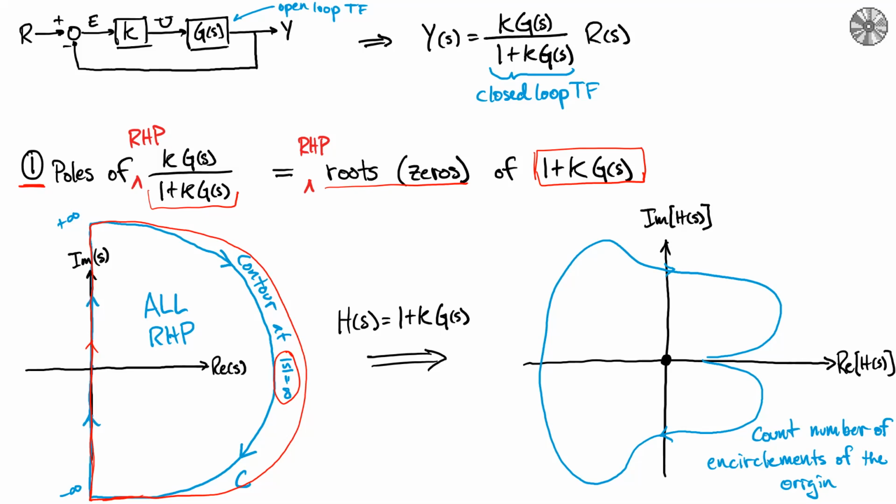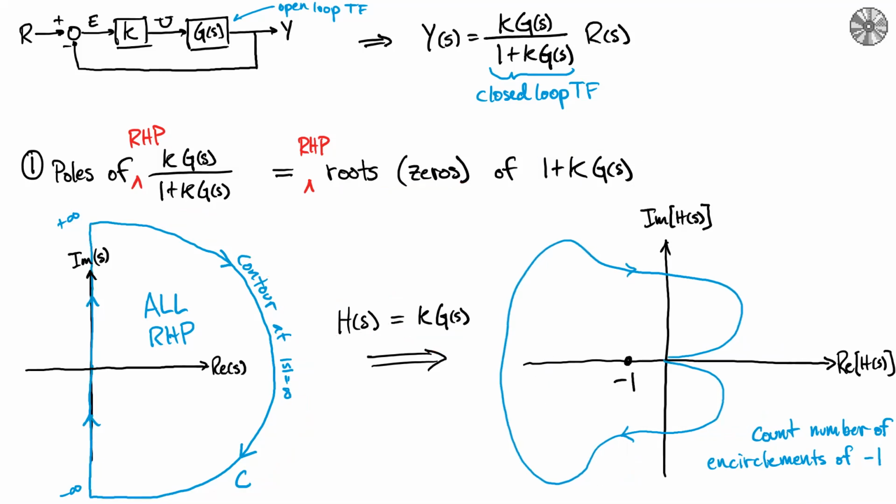And so that's the contour that we're going to use the Cauchy argument theorem on. Again, we're going to map using a transfer function, and the transfer function we're going to pick is the one that corresponds to the denominator of the closed loop transfer function. We're going to be interested in counting the number of encirclements of the origin when we use this curve, which is gotten by h of s, the denominator of our closed loop transfer function.